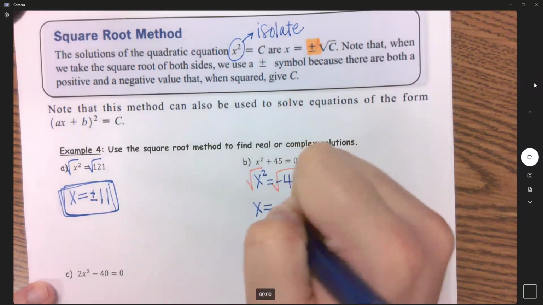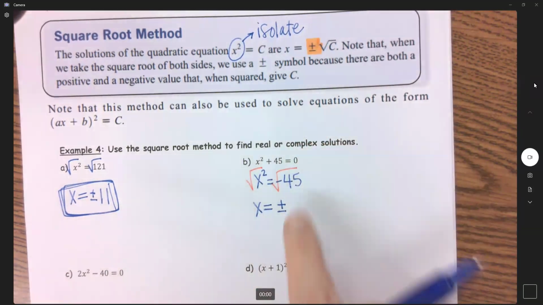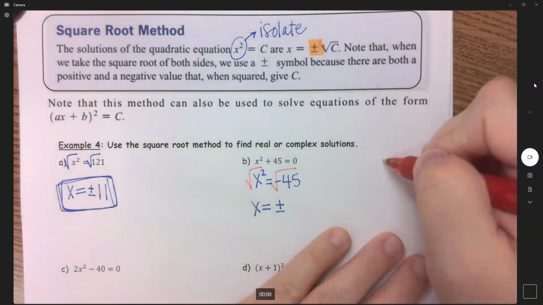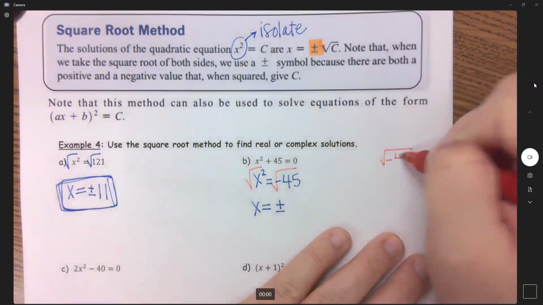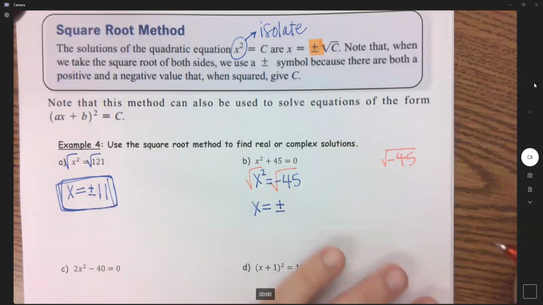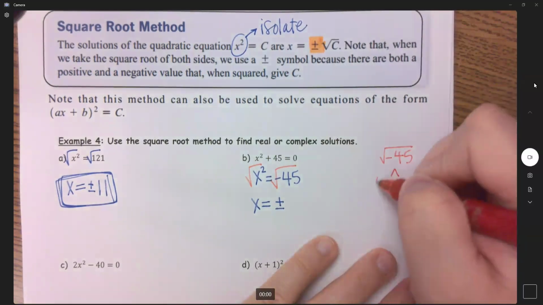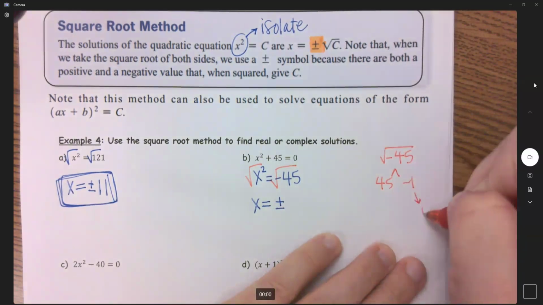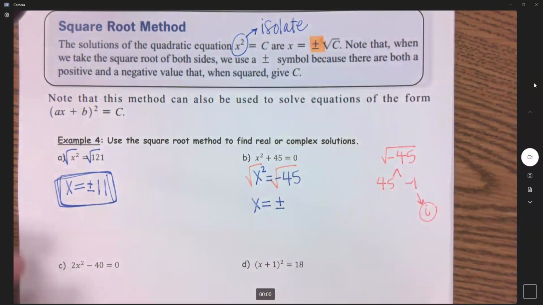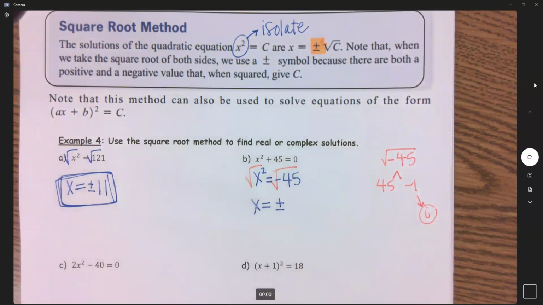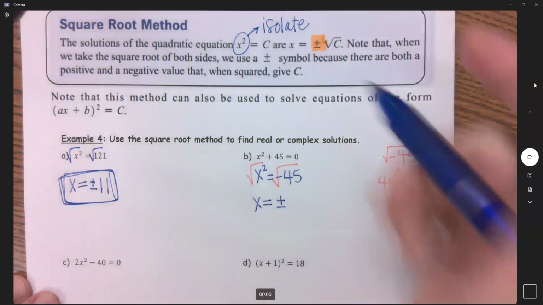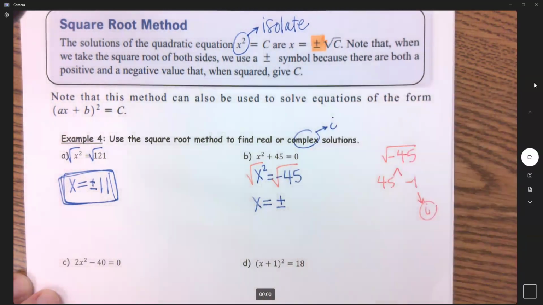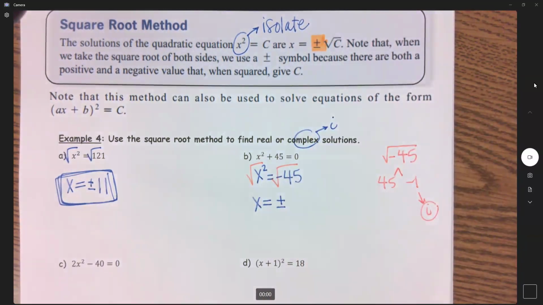And we get x equals plus or minus. And now I need to simplify this. So if I come over here to the side, the square root of negative 45 is going to be the square root of 45 and negative 1. So here's my i. And I didn't read the instructions, but it does say here that we could get complex, which are your imaginary.